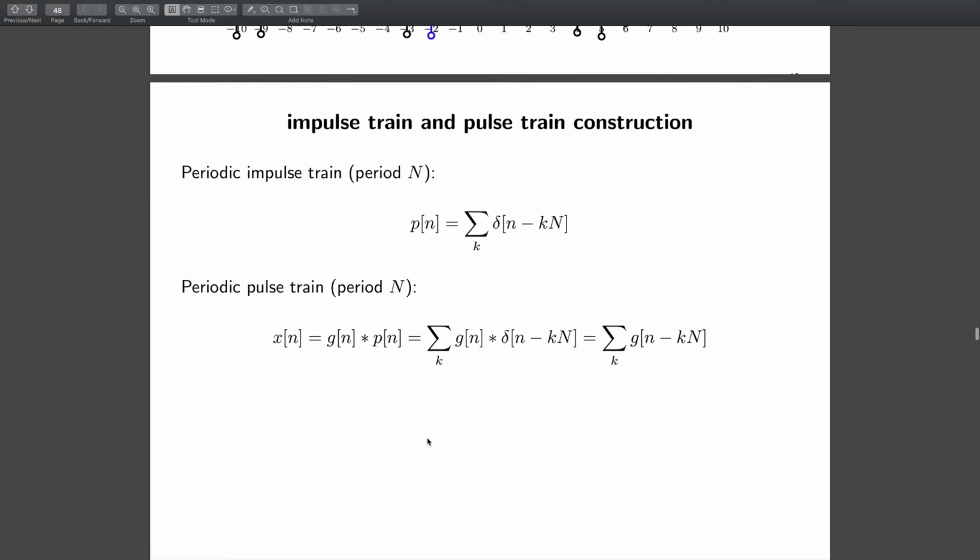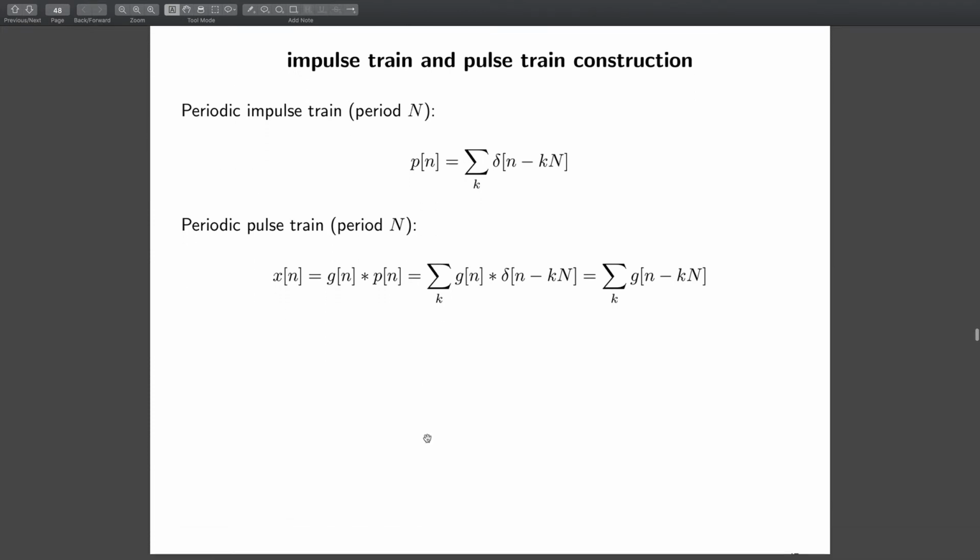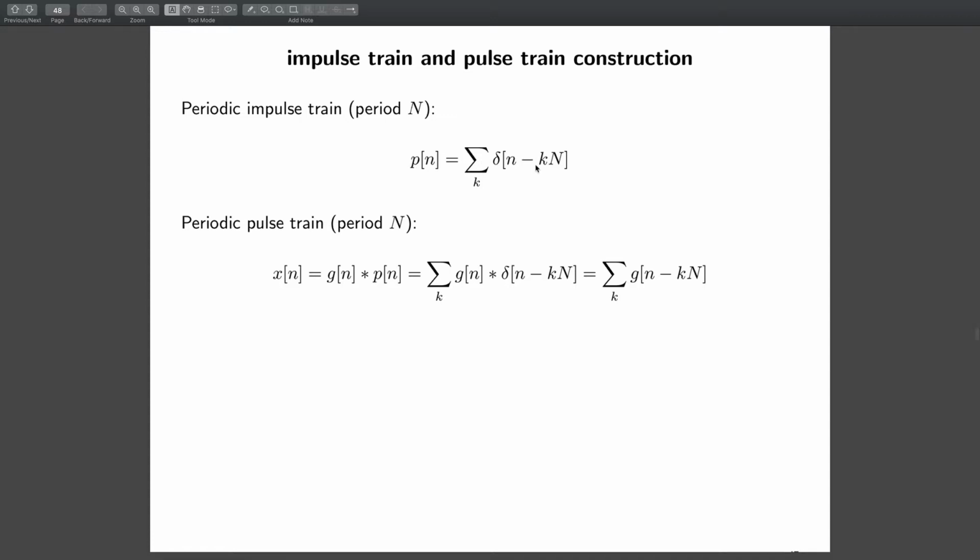Let's take a look at another use for delta functions. In this case, if we take delta functions and add together an infinite number of them, but instead of being delayed by one sample, they're delayed by n samples, we create this periodic train of impulses. I'll show you an example of what that looks like on the next slide.